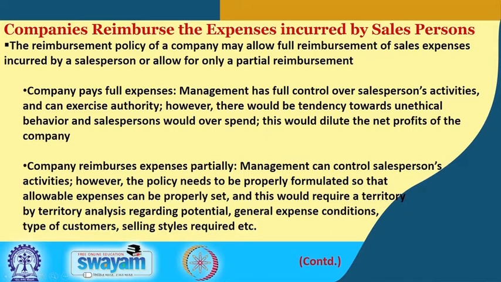So, given the scenario where companies pay full expenses, management would have full control and would be able to direct and guide the sales force to indulge in selling and non-selling activities, and to cater to selling of big ticket items, small ticket items equally, which would mean selling balanced orders. The company would be able to direct them towards lead generation, prospecting.